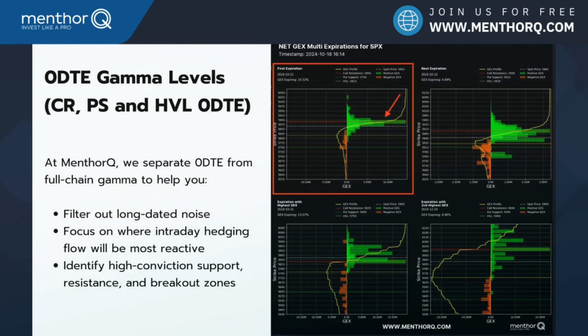What we do is separate the 0 DTE flow and the 0 DTE options from the full option chain, because we can filter out long dated noise. We can focus on where intraday hedging flow will be most reactive, and we can identify high conviction support and resistance and potential breakout zones.